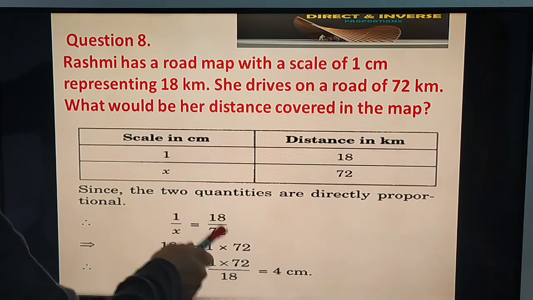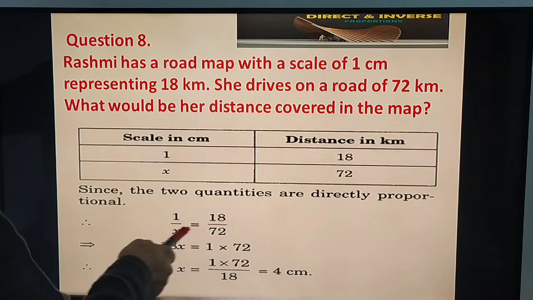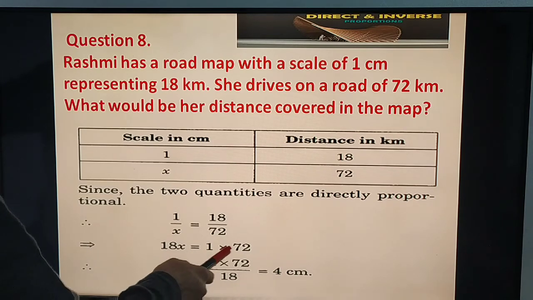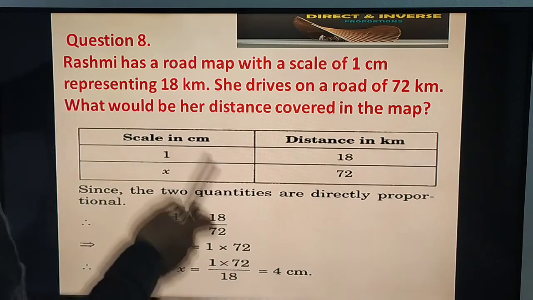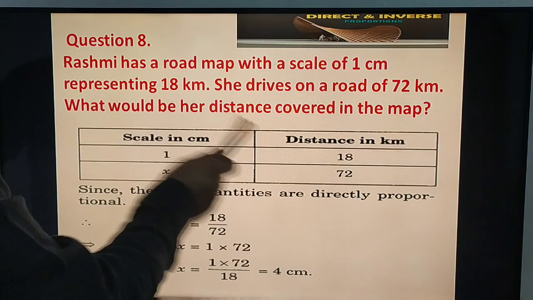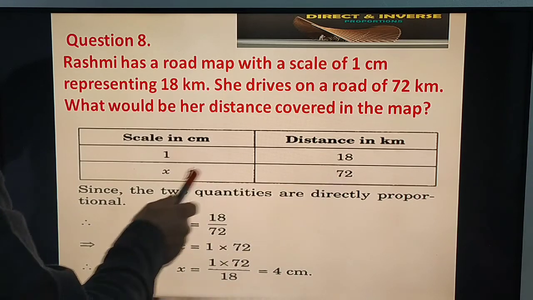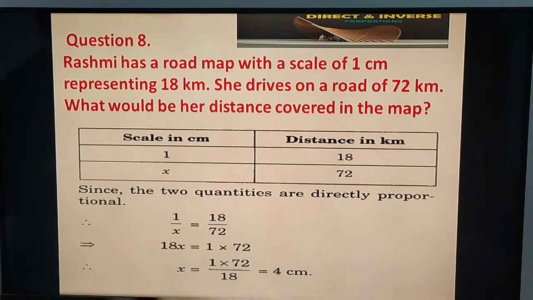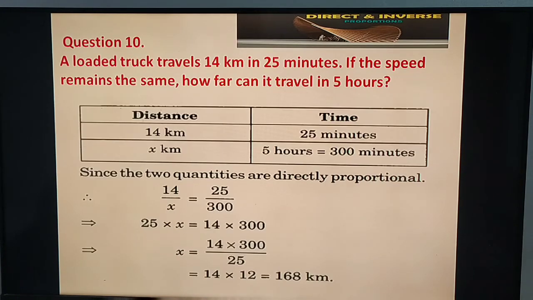So 1 by x equals 18 by 72, then 18x equals 72 into 1, that is 72, therefore x equals 1 into 72 by 18, that is equal to 4 centimeters. So if the actual distance covered by Rashmi is 72 kilometer, then on the road map it represents only 4 centimeter.